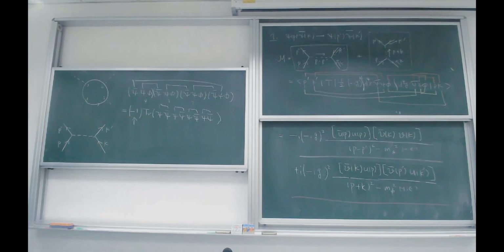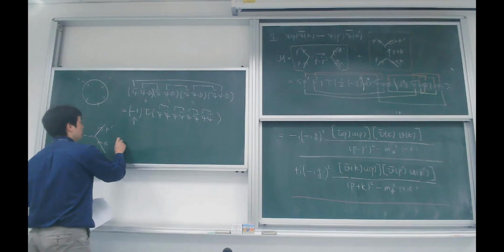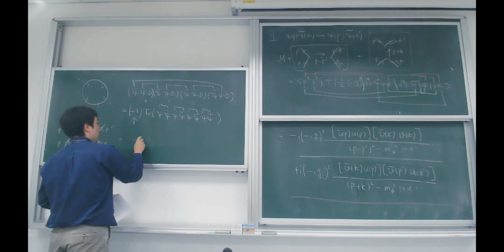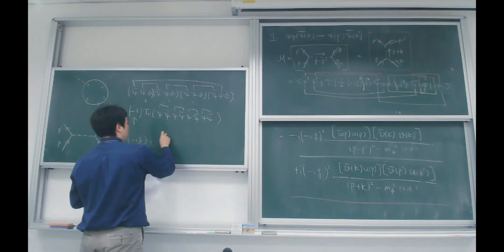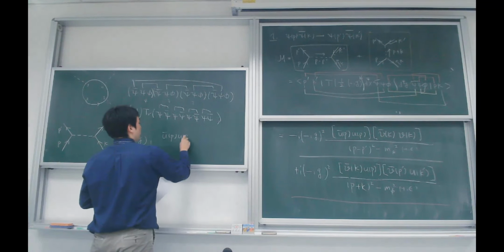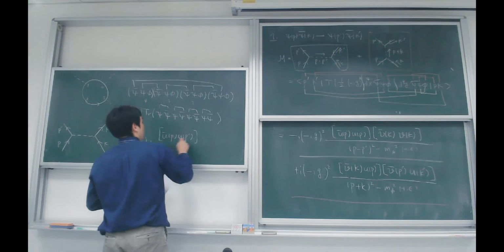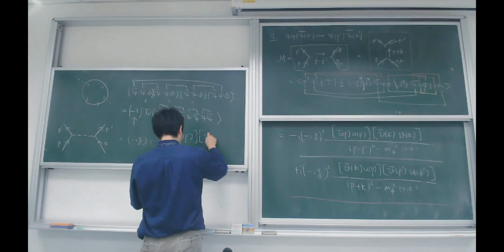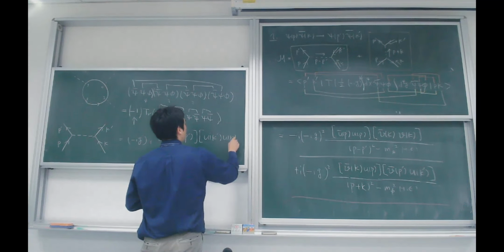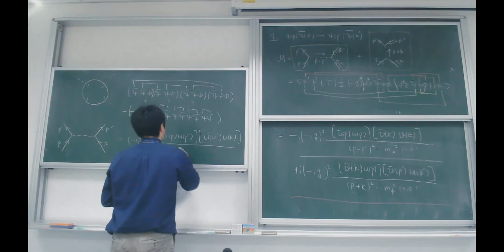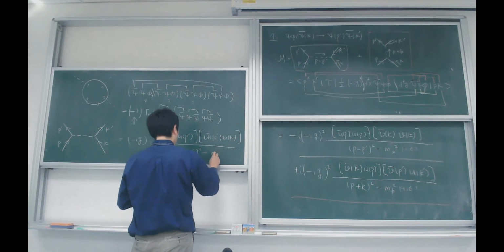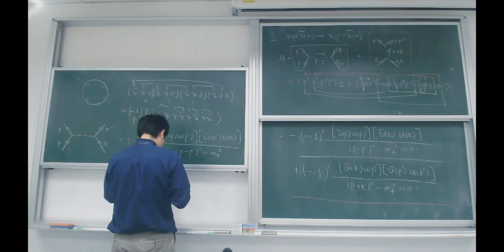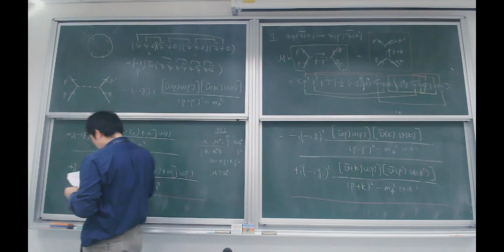This amplitude will give you something like minus i g times u bar(p') u(p) times u bar(k') u(k), over minus q squared plus m squared. That's what we have for this diagram.